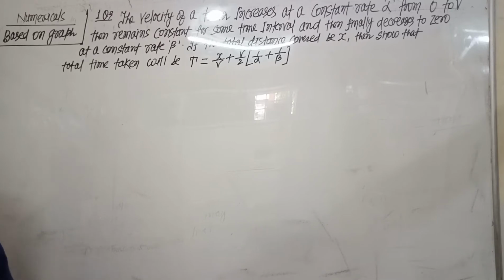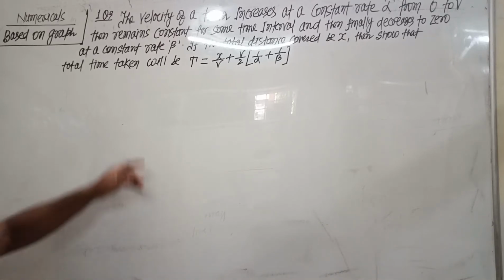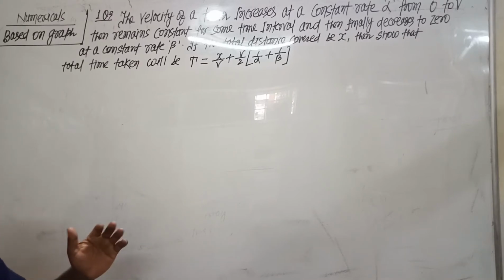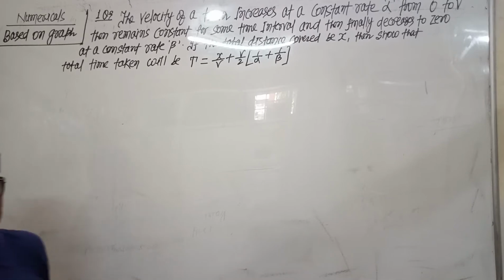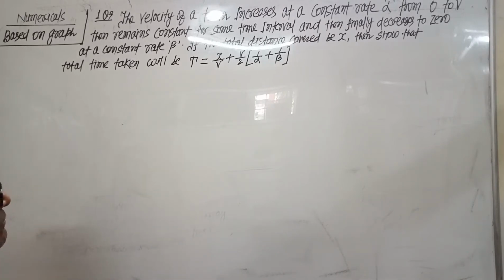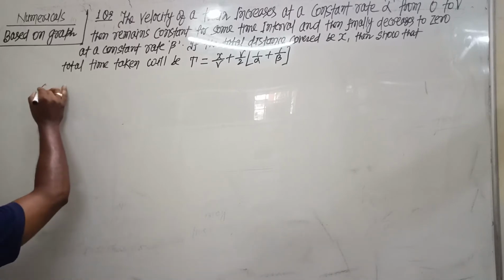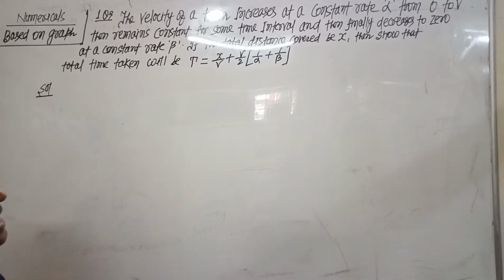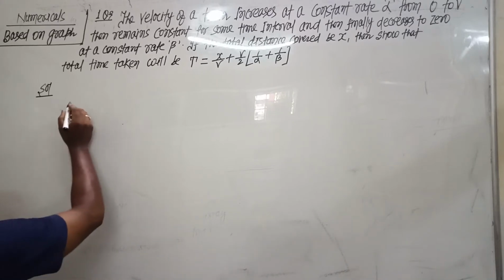Velocity goes on decreasing, it becomes 0, and the retardation is beta. The total distance covered is x. Then show that the total time taken t will be x by v plus v by 2 into 1 by alpha plus 1 by beta. So firstly we will draw the graph of this question.